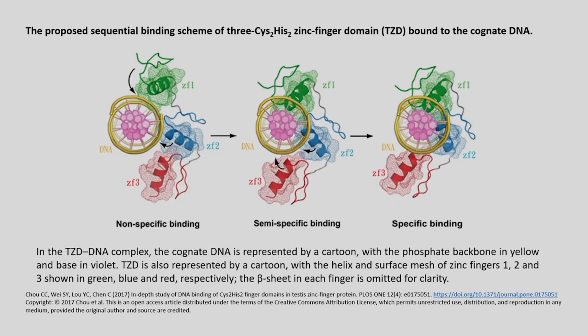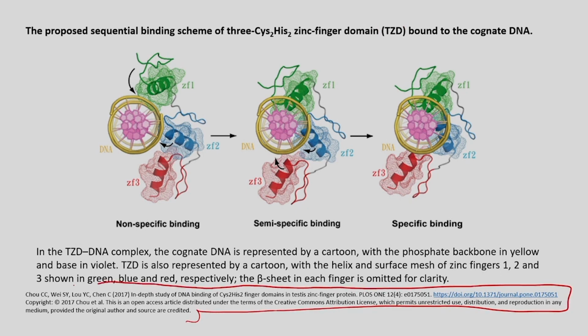This is a proposed sequential binding scheme of the 3 Cys2His2 zinc finger domain, or TJD, bound to the cognate DNA. This work was carried out on the testis zinc finger protein domain, and you can refer to this paper to understand in detail how it was carried out.